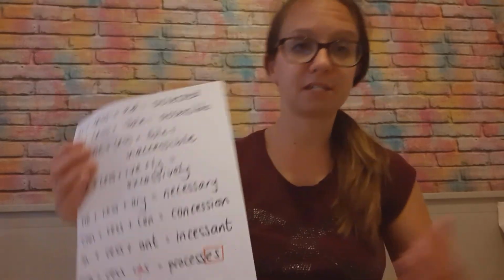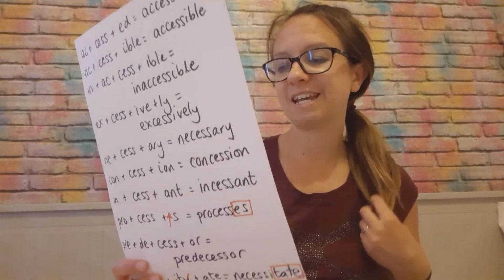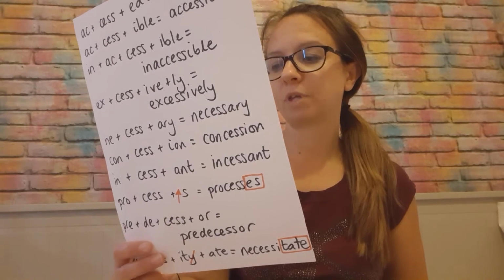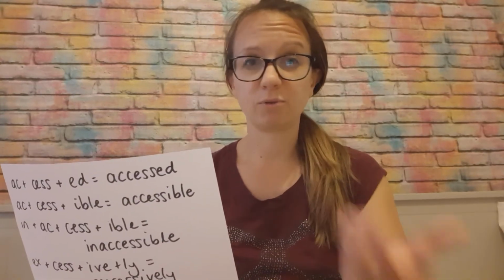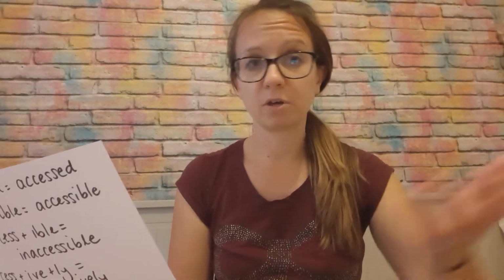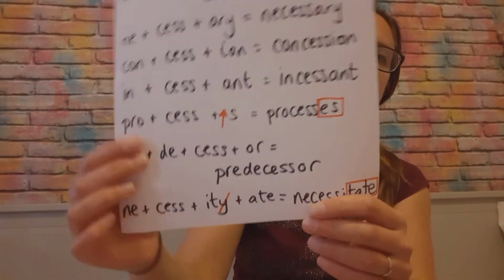So the predecessor is somebody that comes before the person that then goes. So a bit like preceding. I'm trying to think of an example. Whoever the king was before Queen Elizabeth was her predecessor, the person that did it before her. So it's the coming before the person went away, basically.